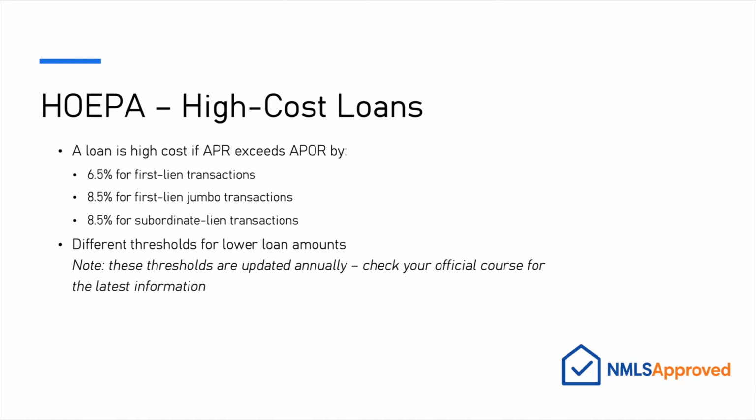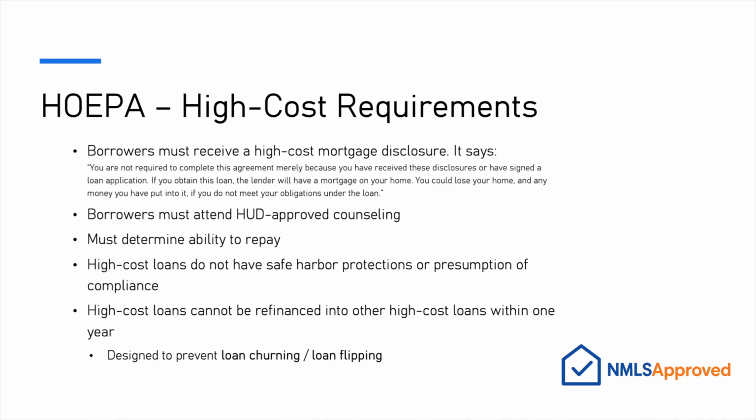There are different thresholds for lower loan amounts. I'm not putting these in the PowerPoint because this is updated annually. So there's a very good chance that when you're seeing this, it has been changed from what it is at the time of recording. So check with your official course to get the thresholds for lower loan amounts for HOPA loans because it changes every year.